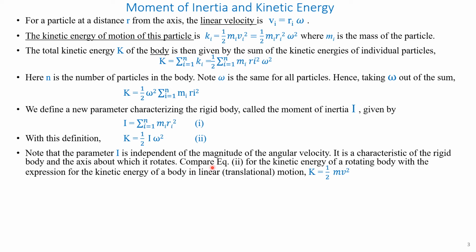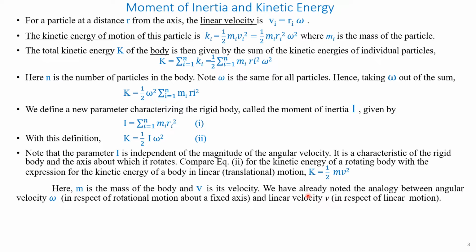Compare equation 2, the kinetic energy of a rotating body, with the expression for the kinetic energy of a linear body. When we say kinetic energy of a body in linear motion, that is translational motion, we know that kinetic energy capital K is equal to half m v square. Hence, m is the mass of the body and v is the velocity in this relationship.